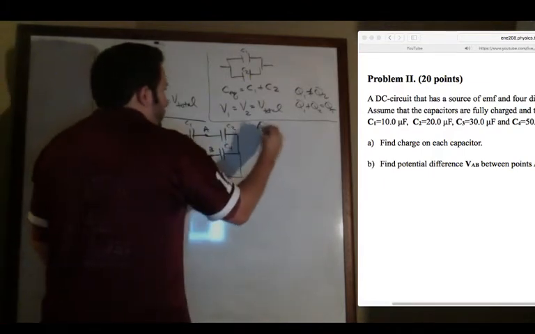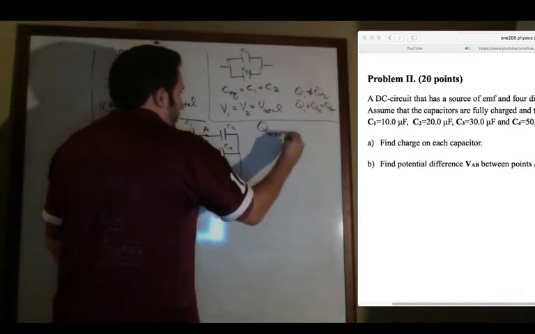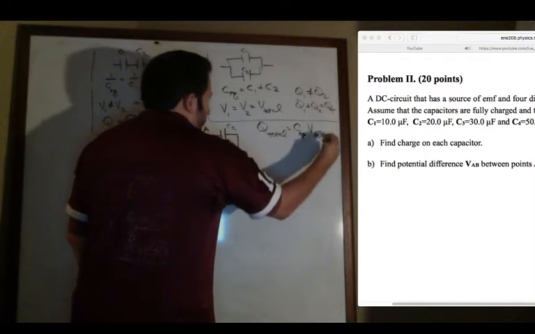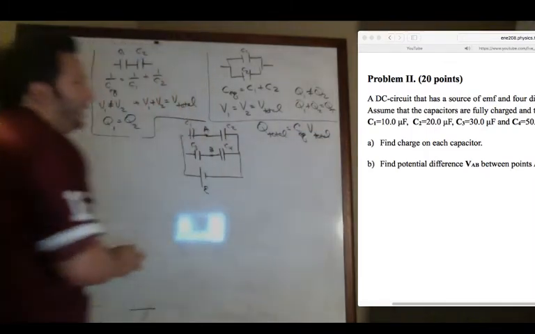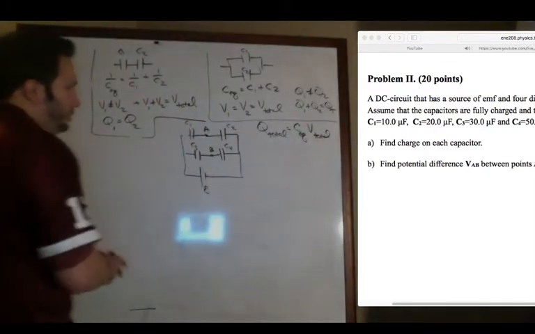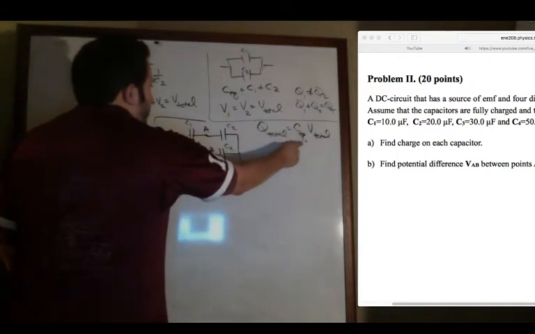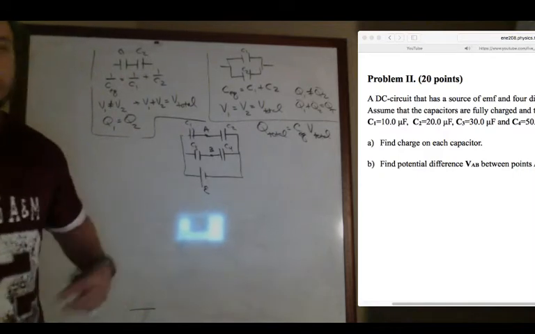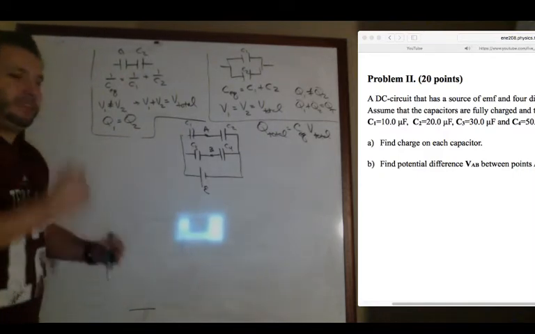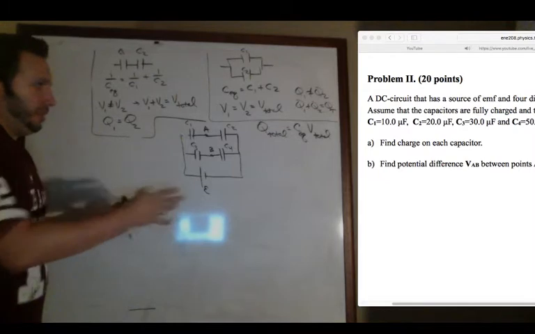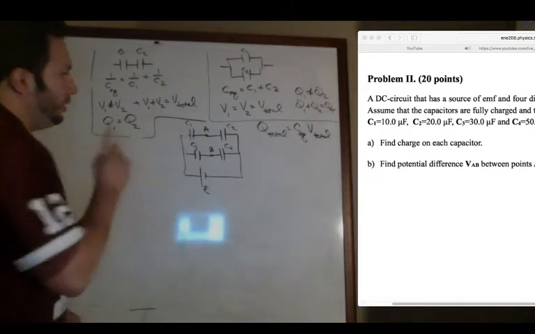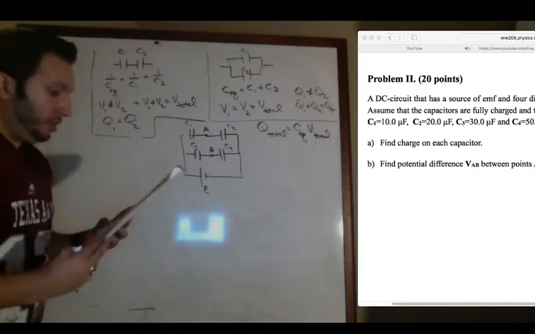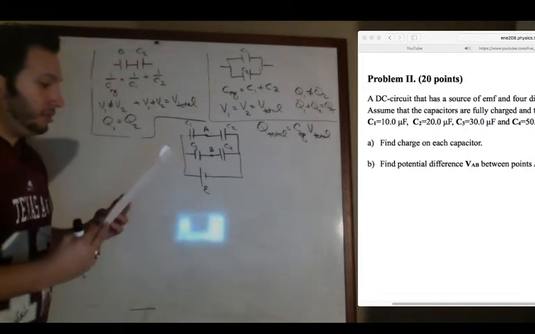Because we know that Q total is equal to CEQ times V total, and I already have my total voltage. That was the 200 volts. I need to find equivalent capacitance so I can find my total charge. And once you have total voltage and total charge, then you actually have the ability to answer whatever it is that they ask. So let's find CEQ. By the way, the capacitances are given. So 10, 20, 30, and 50.